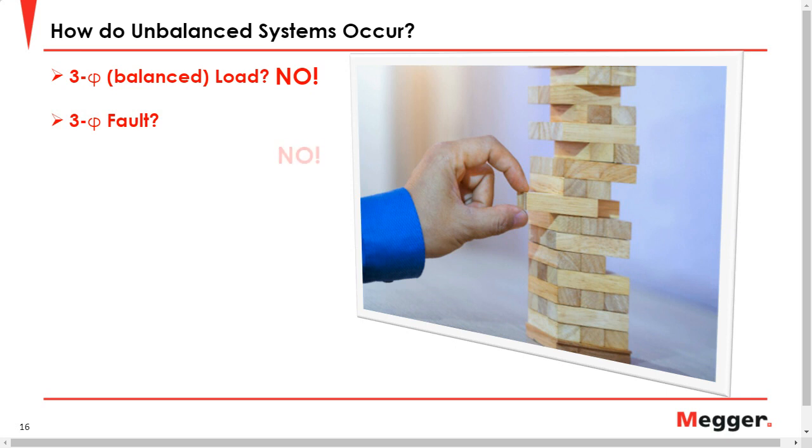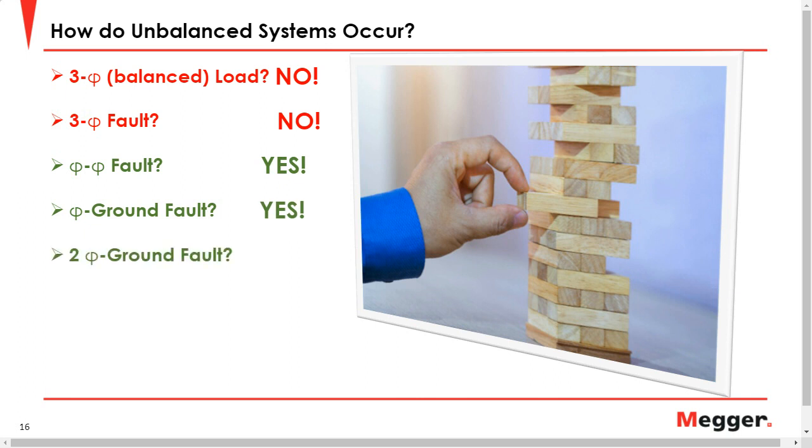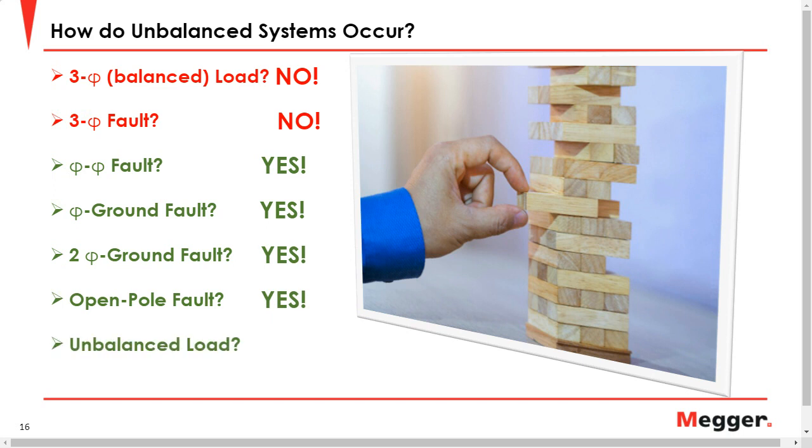No, that also does not cause an unbalanced system. However, a phase-to-phase fault, yes, or a phase-to-ground fault can contribute to an unbalanced system. Two-line to ground fault, an open pole, such as a blown fuse or just an open conductor. And of course, by definition, an unbalanced load does cause an unbalanced system to occur.